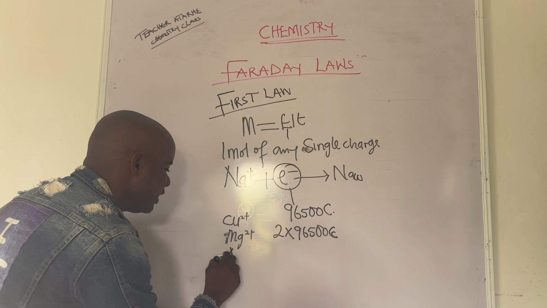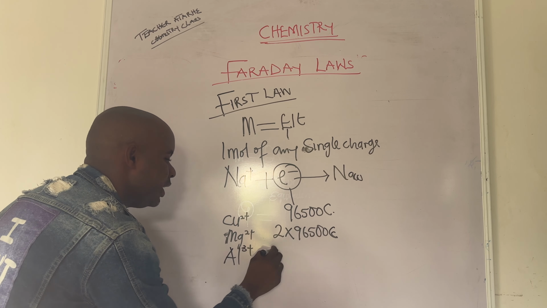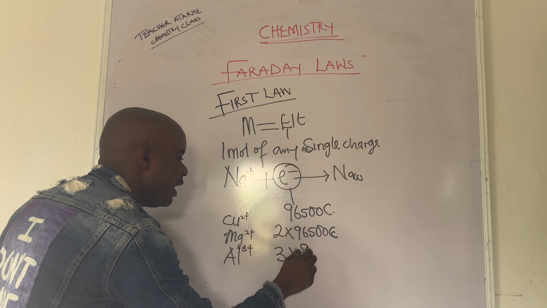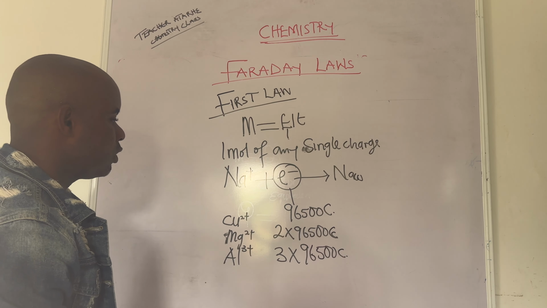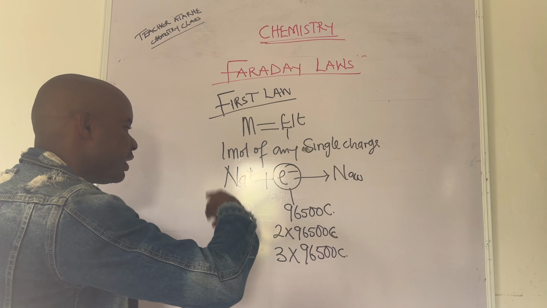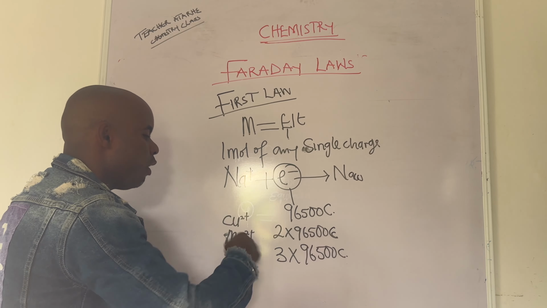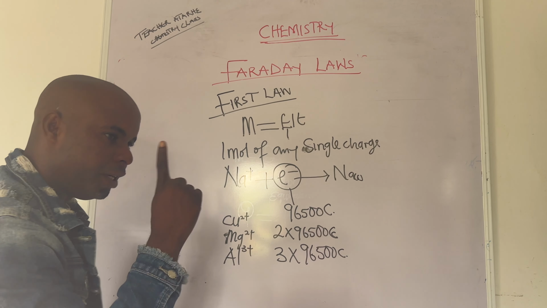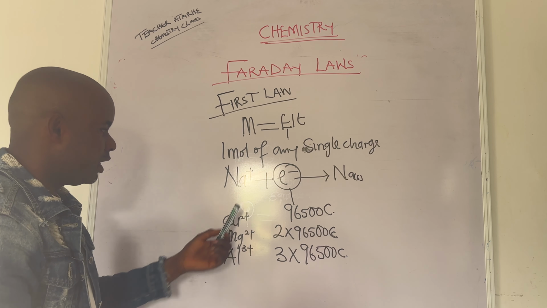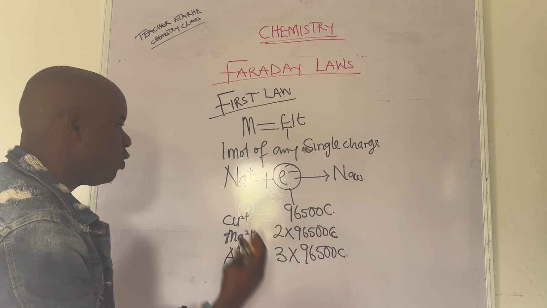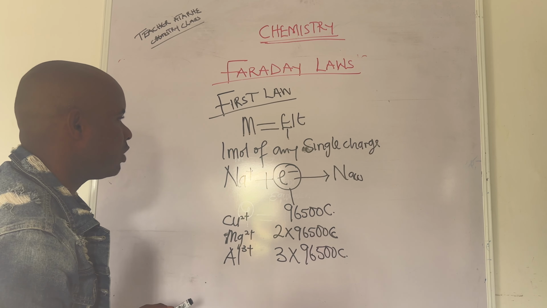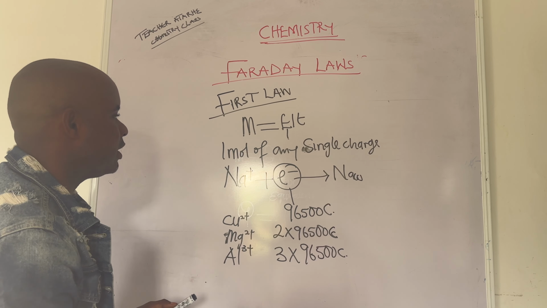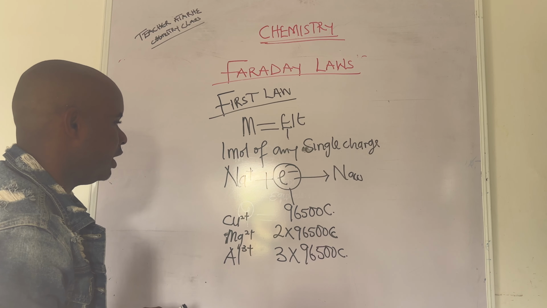For a trivalent element like aluminum, it will need 3 times 96500 coulombs. So each of these charges influences the quantity of current needed to liberate 1 mole of the substance. Please take note of each of them, so you know when a given ion is giving out 1, 2, or 3 electrons and can manipulate this in electrolysis calculations.